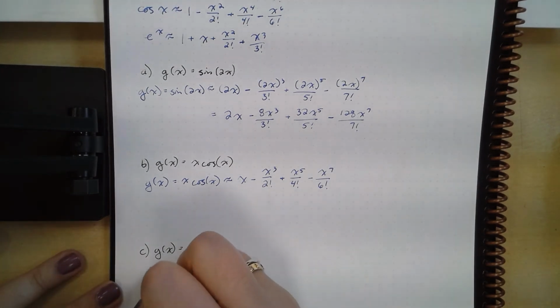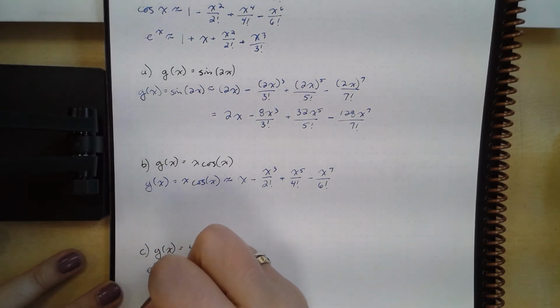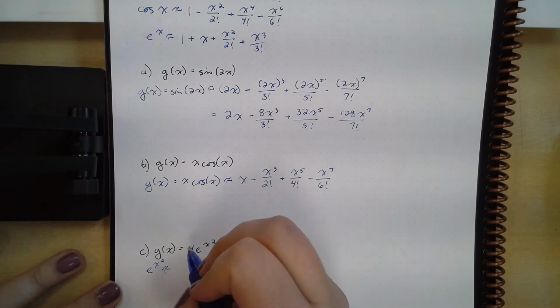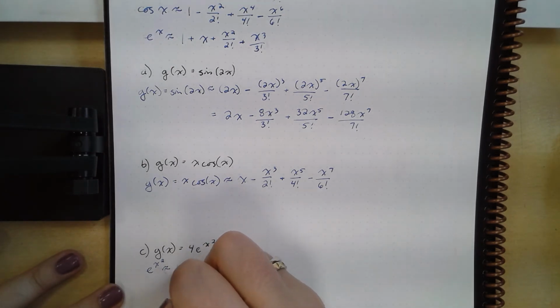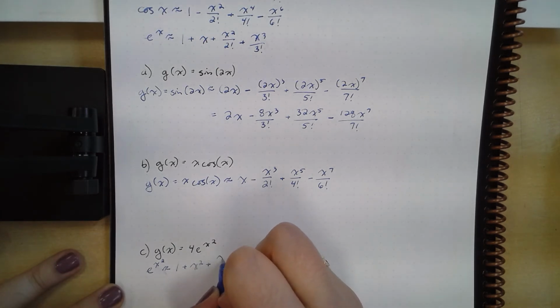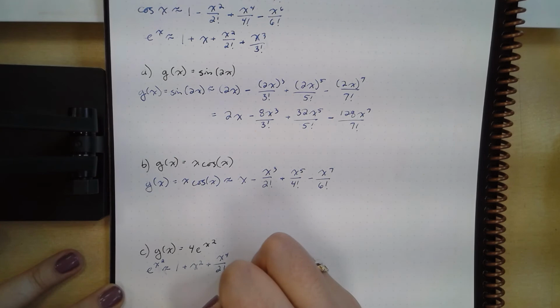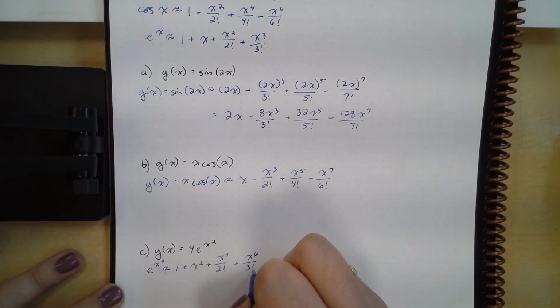So e to the x squared is approximately, every time we get x, I'm going to put x squared. So we're going to have 1 plus x squared plus x to the 4th over 2 factorial plus x to the 6th over 3 factorial, right?